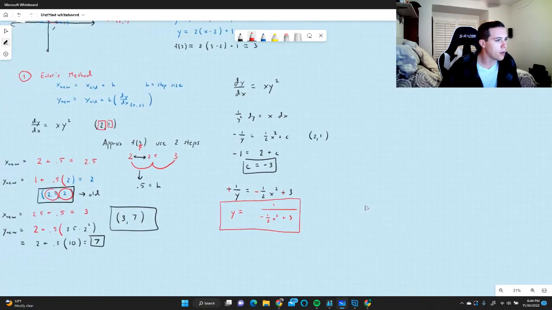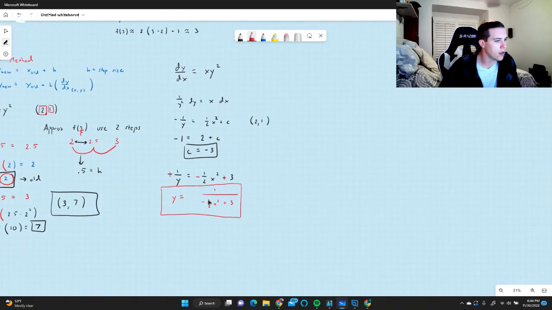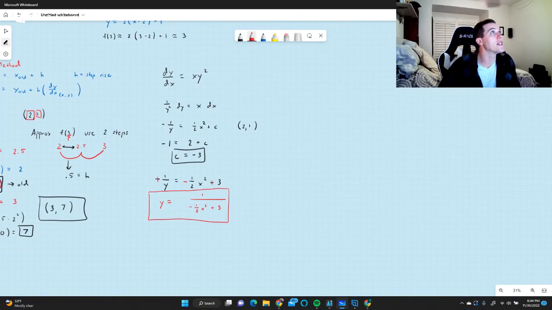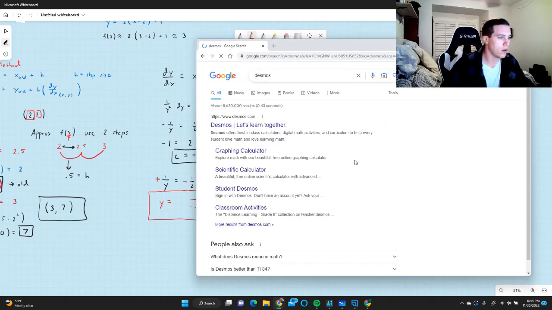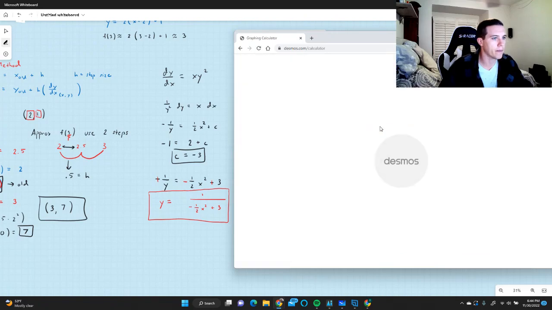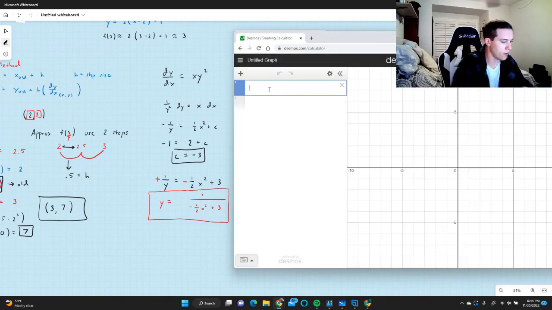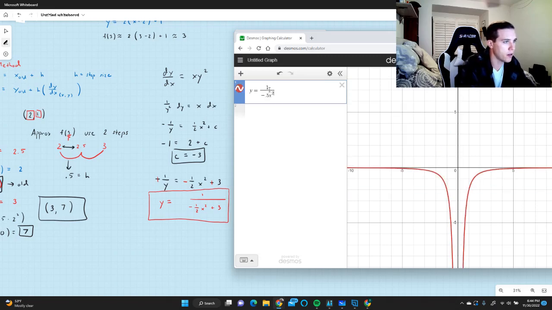So how did our approximations go? Let's see. If I graph this in Desmos, I have y equals 1 divided by negative 0.5 x squared plus 3.